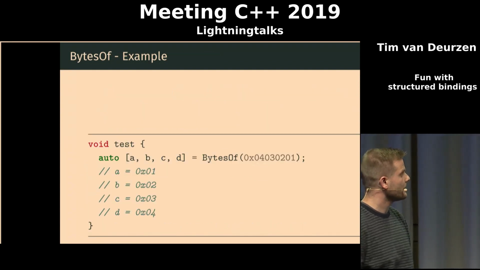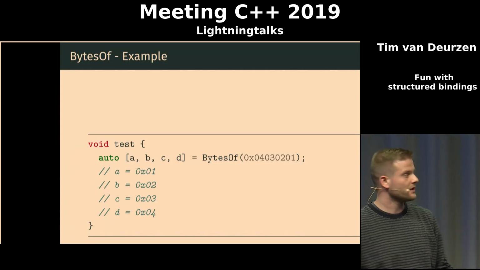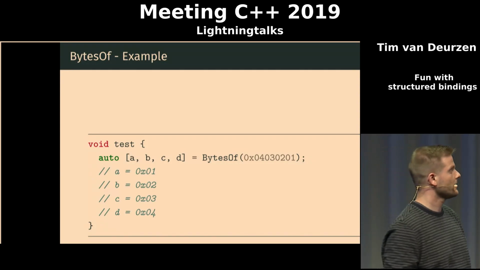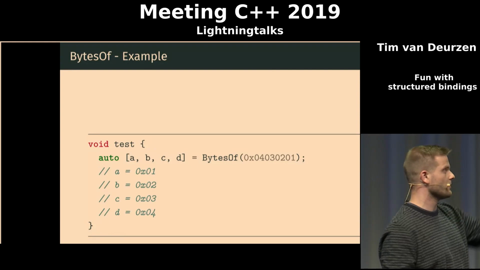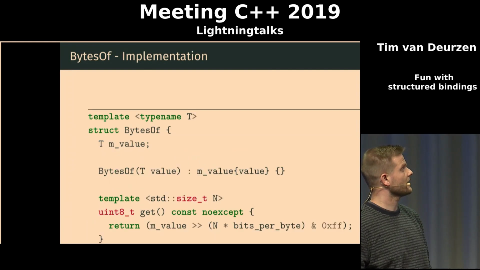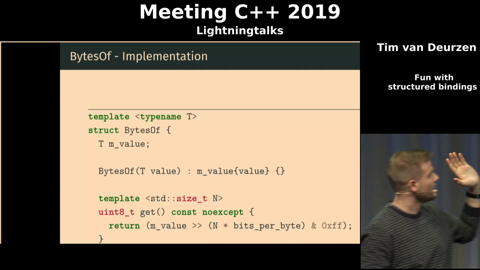So for the decomposing of an integral, I have a small example implementation. So this is what it might look like. You have your bytes-of struct, in this case, that takes an integral value, and it can decompose it into 4 separate bytes. So that class might look like this. Luckily, most of this is actually on screen now.